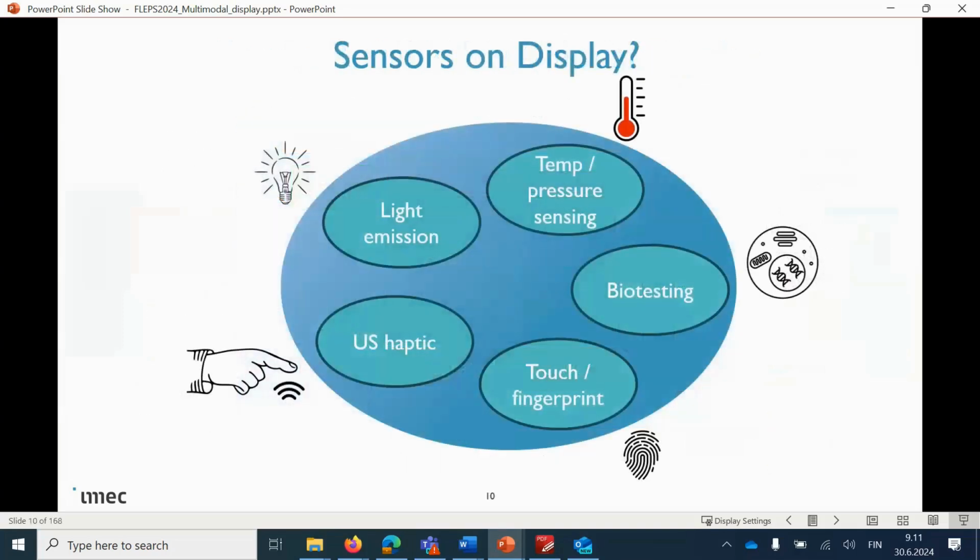So what are the sensors that we are looking at, and people have been looking at, and also in this conference we will later see many presentations about sensors.